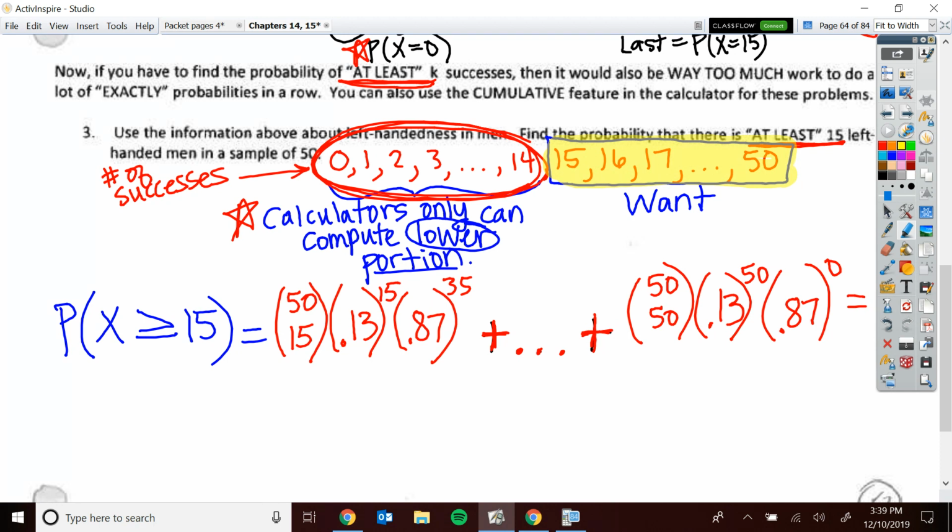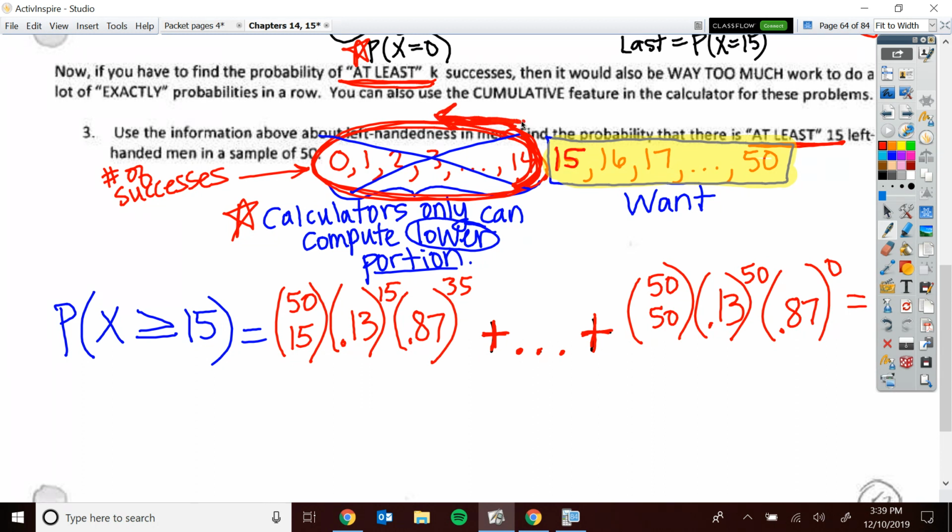So I will be taking 100% of everything and taking off this lower part. Don't you take off this 15. You do not want to be subtracting off 15. You are subtracting off 14 and down.